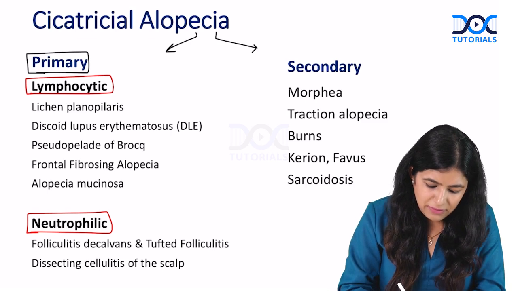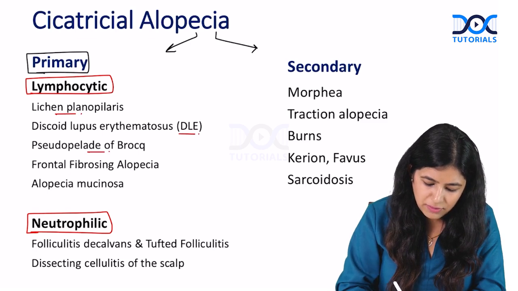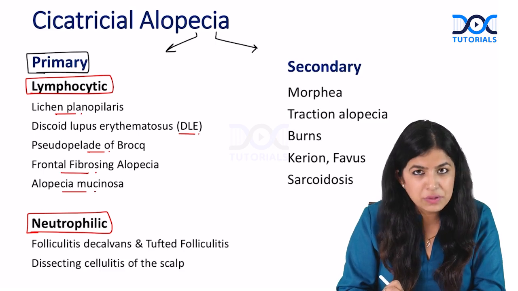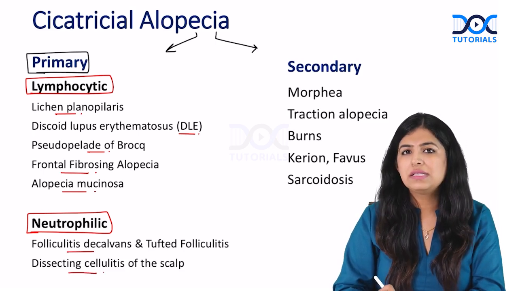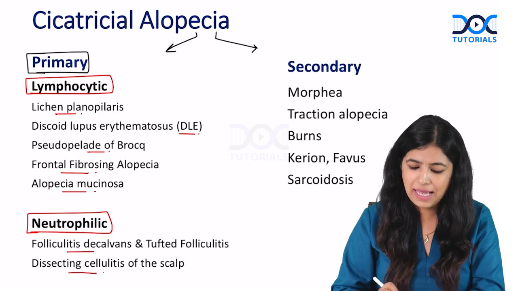In the lymphocytic, we have lichen planopilaris, discoid lupus erythematosus, pseudopelade of Brock, frontal fibrosing alopecia, and alopecia mucinosa. In neutrophilic, there is folliculitis decalvans and tufted folliculitis, along with dissecting cellulitis of scalp.